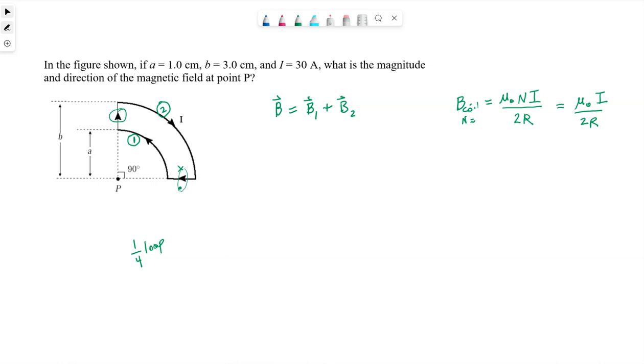And we actually don't even have a full loop. This segment only goes 1/4 of the way around a loop. So the B for our segment is going to be 1/4 of a whole loop.